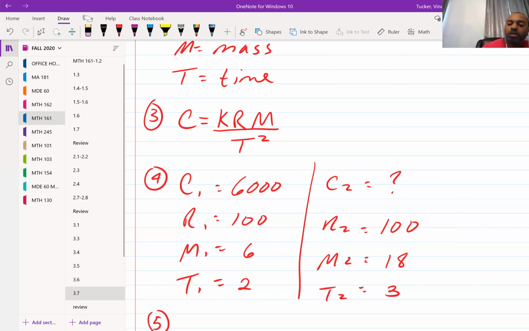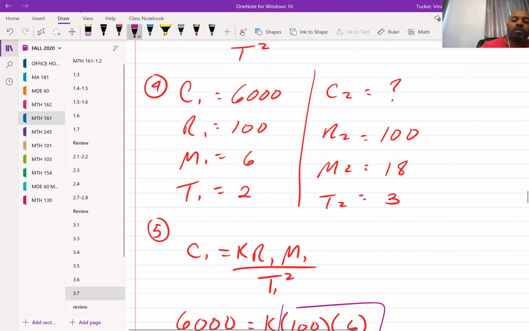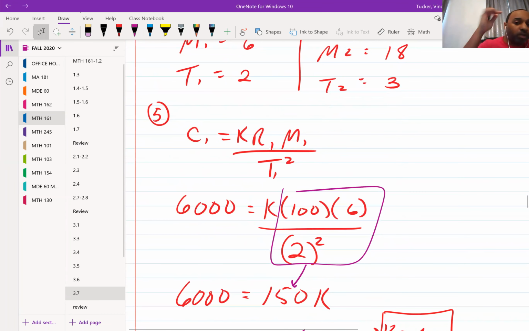All right. Problems before we go to the next step? Now we're going to take this first set of information and plug it into our formula to find K. That's what we did here. 6,000 is equal to K times 100 times 6 over 2 squared.